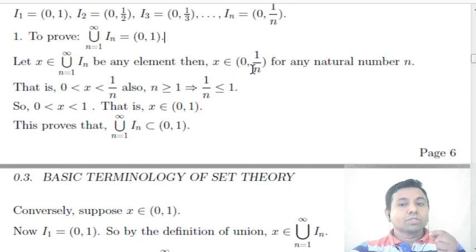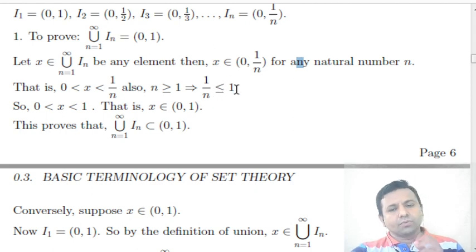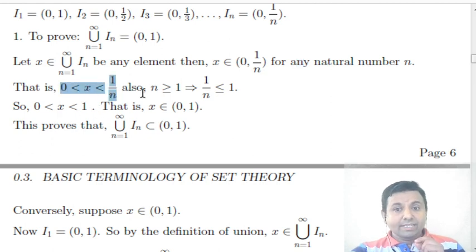So x belongs to (0, 1/n) for some natural number n, that means 0 < x < 1/n. The natural numbers are 1, 2, 3, 4, 5 and so on, so n must be greater than or equal to 1, so 1/n is less than or equal to 1.